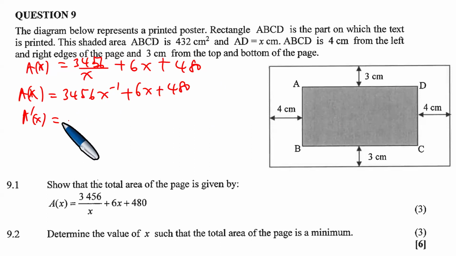Differentiating, that is exactly minus 3456x to the minus 2 plus 6.